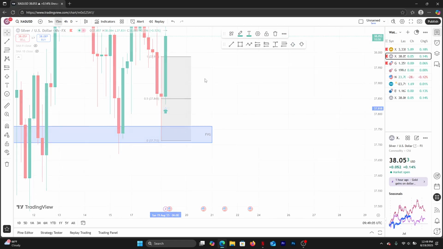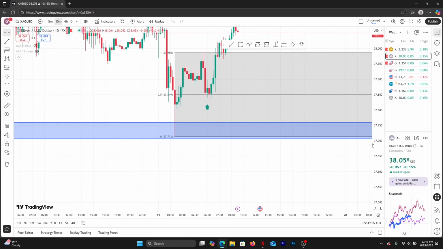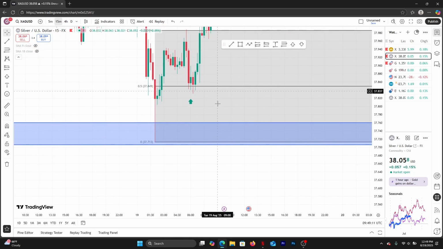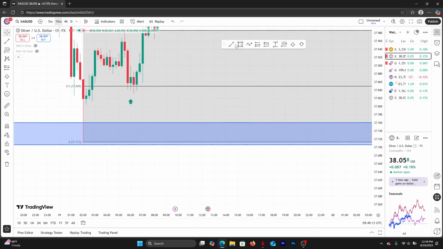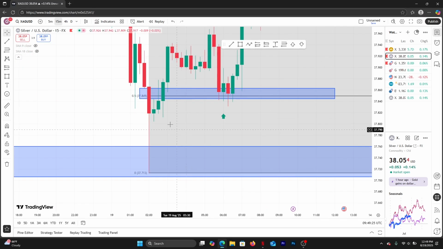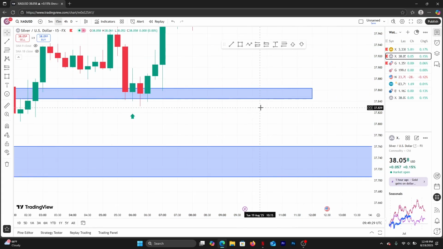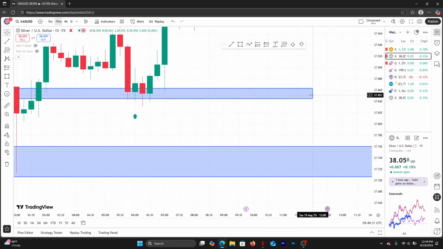So 15-minute time frame, we have a fair value gap in the lower half of this dealing range, and this is the fair value gap right here. Right there. And now we had price reacting off this fair value gap. This is the 15-minute fair value gap.